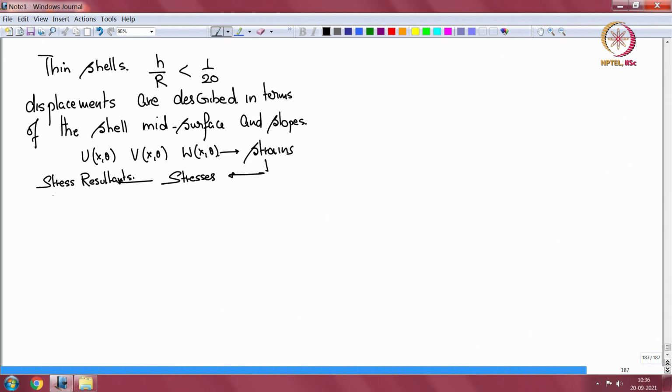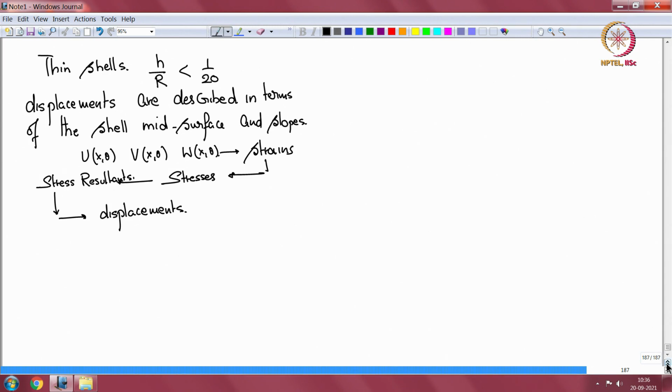Which means we can put the stress resultants in terms of mid-plane displacements. Then you have the entire 3 equations.